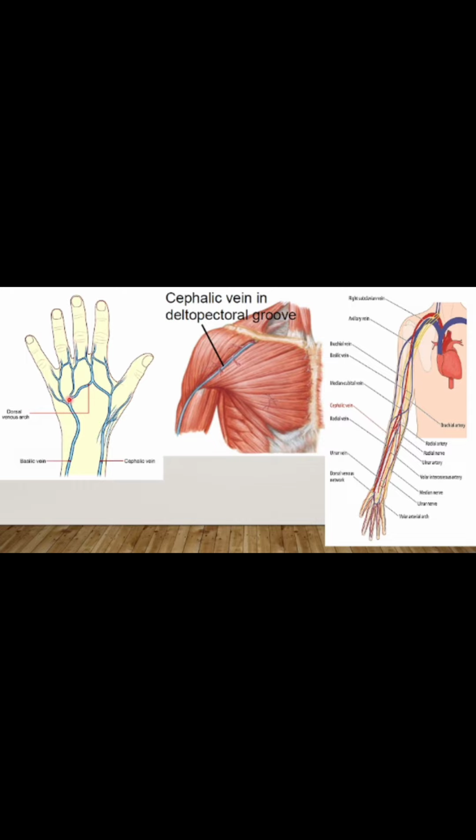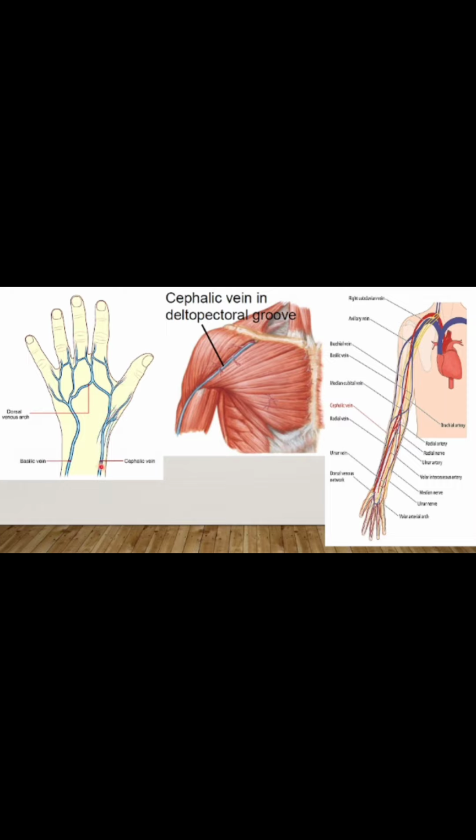So in the first figure, you can see the dorsal venous arch, that is a venous arch present on the dorsal aspect of the hand, and you can see the cephalic vein is formed by the union of the dorsal digital vein, which is from the radial side of the index finger, and also the veins of either side of the thumb. They join together with the lateral end of the dorsal venous arch to form the cephalic vein.